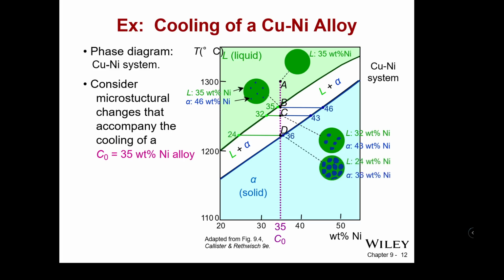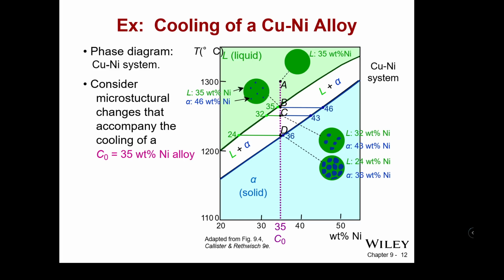As we reach the lower threshold of that biphasic envelope, the nickel concentration drops to 24 in the liquid, since we're looking at just the nickel concentration. I need to be really clear here.